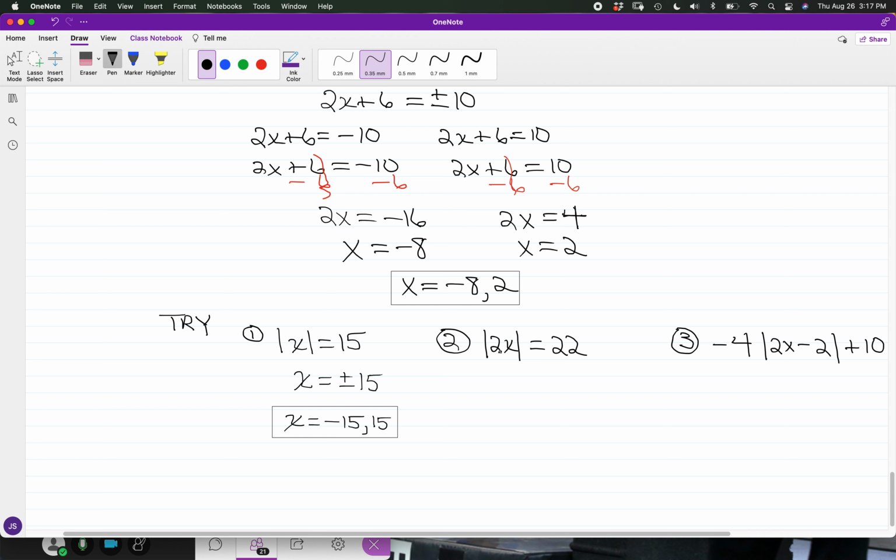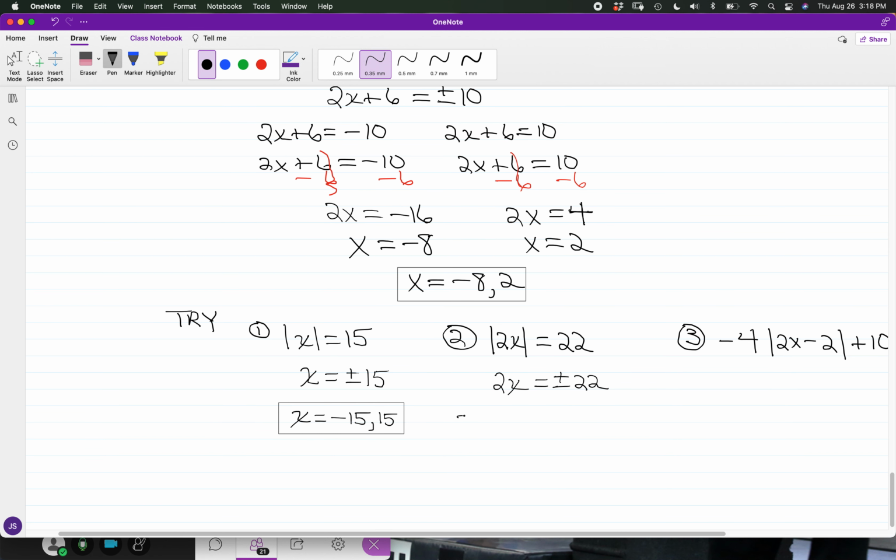If I remove 2x from the absolute value notation, 2x is equal to the numbers that will be 22 units away from 0, and those are positive and negative 22. So we're going to have a couple of possible values for x, where 2x is equal to negative 22, and also where 2x is equal to 22.